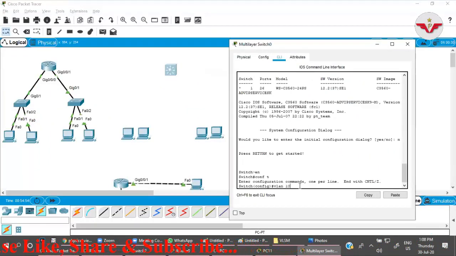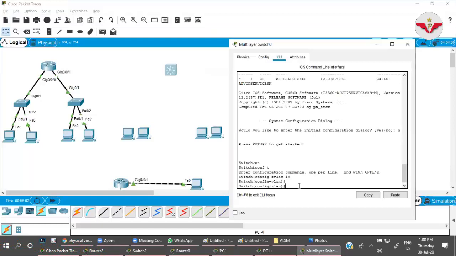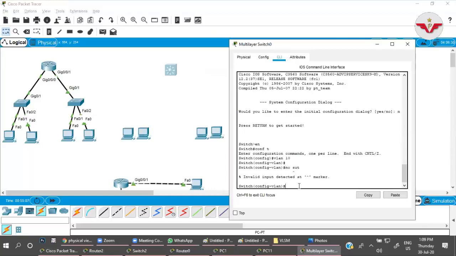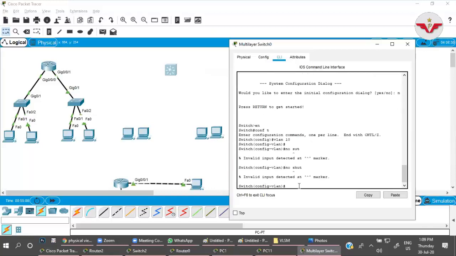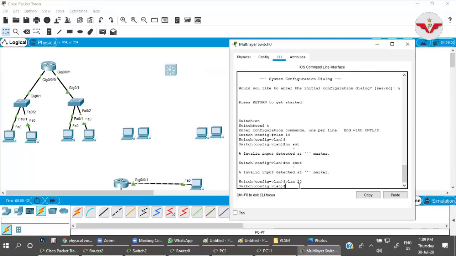VLAN 10. I'm creating VLAN 10 so that we can identify that. No shut is not required. Okay, VLAN 10, VLAN 20, and VLAN 30.